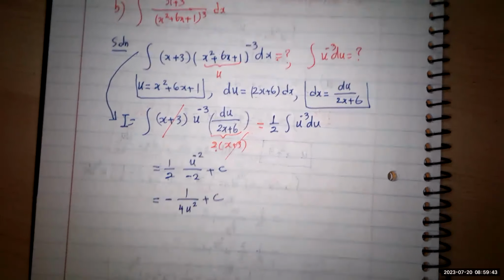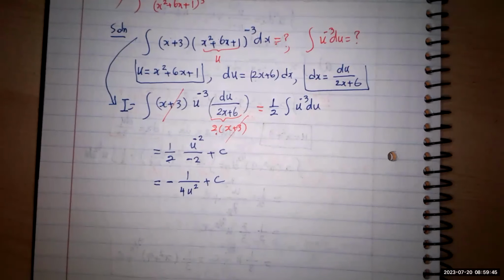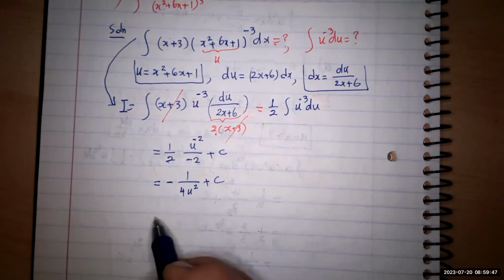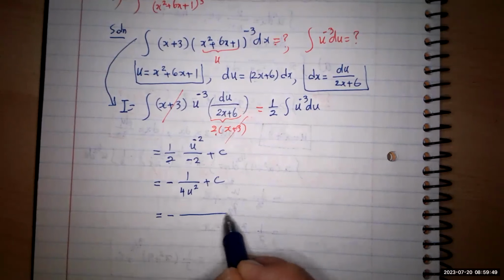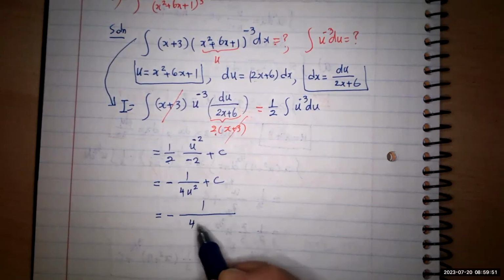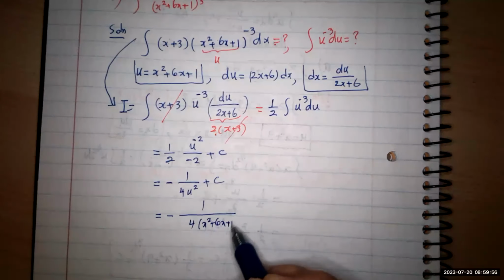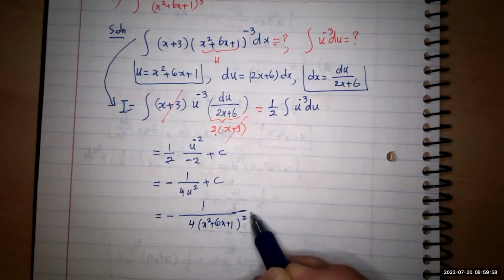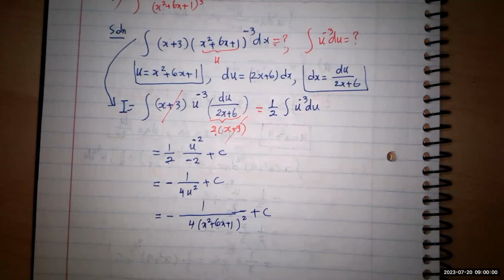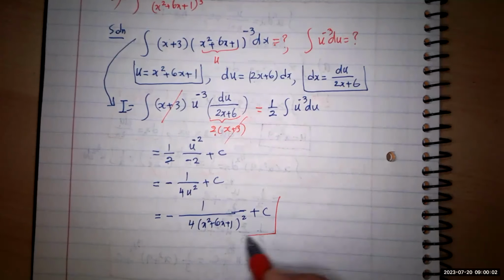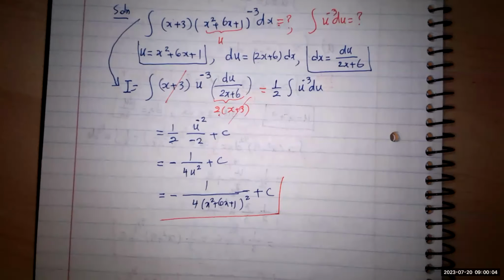So this is it. But you're not done, of course. You have to substitute for u. So it's going to be negative 1 over 4 u. U is x squared plus 6x plus 1, everything squared, plus the constant c, and that would be your final answer. Any question?